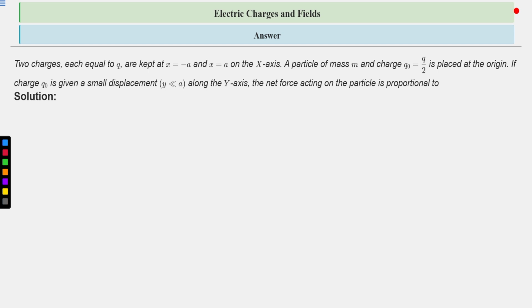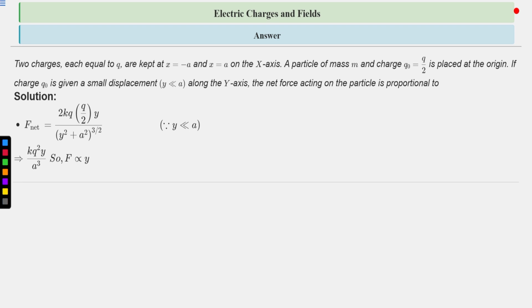Now the F net we have found out is 2kq (q by 2) into y upon (y square plus a square) raised to power 3 by 2. Since this displacement is much less than the separation between them, we neglect y square here, giving kq square y upon a cube.